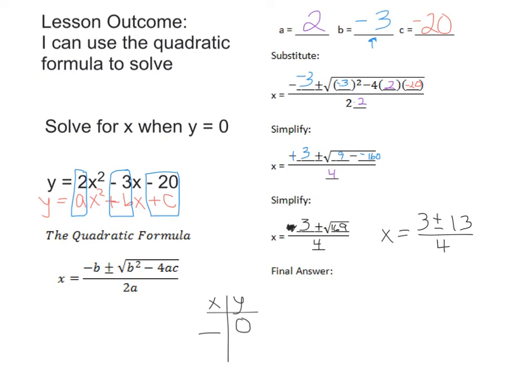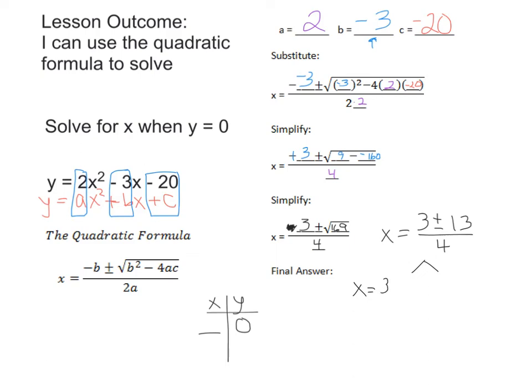All right, now plus or minus means exactly what it sounds like. It means you need to add these two numbers or subtract them. And in fact, we actually have to do both. So we need to do 3 plus 13 and then divide that by 4. And we need to do 3 minus 13 and divide that answer by 4. So a lot of times what I will do is actually split this up into two different equations.